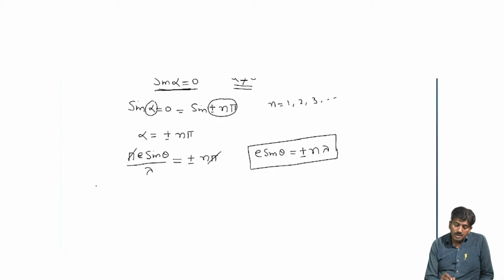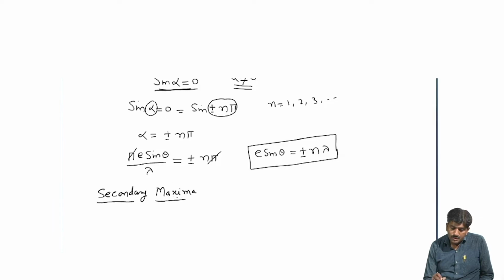After the principal minima, next is secondary maxima. We know that I is A naught square sin alpha upon alpha whole square.